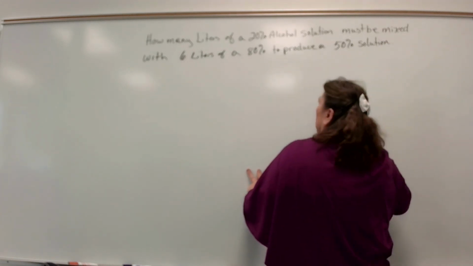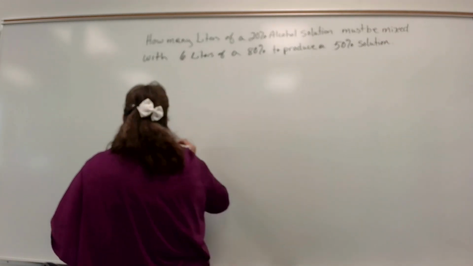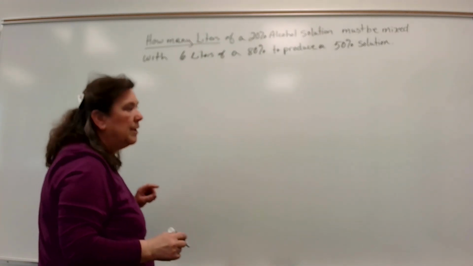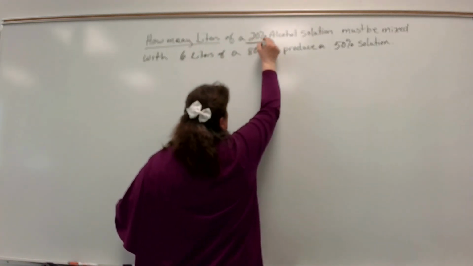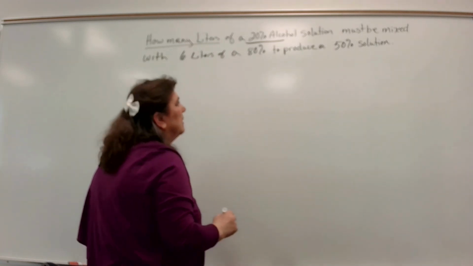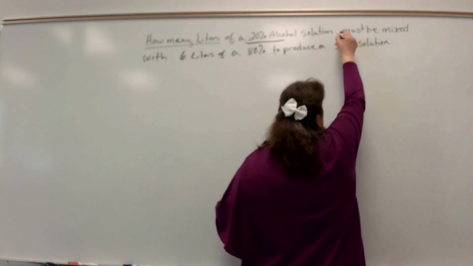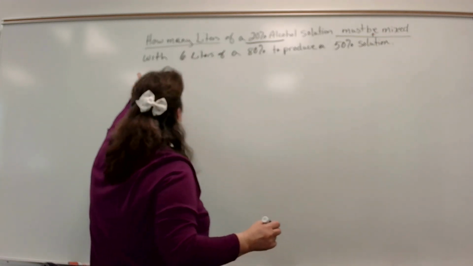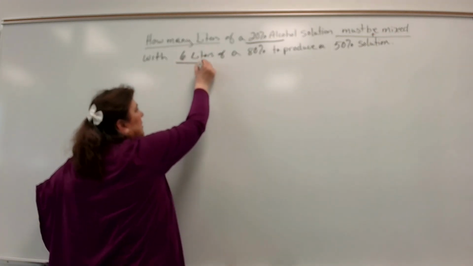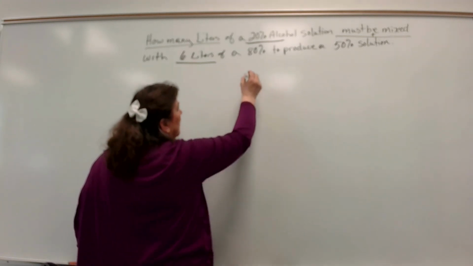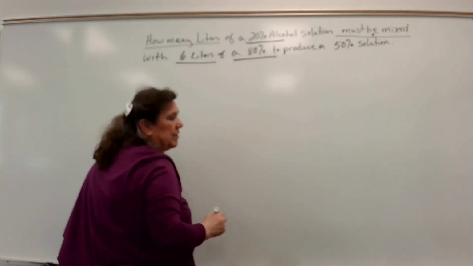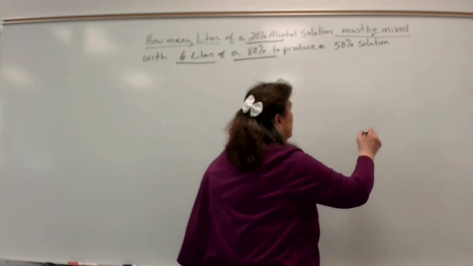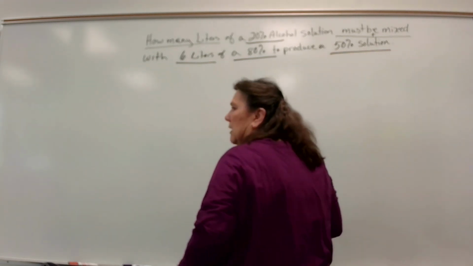Okay. As we look at this, how many liters is the one we do not know. The concentration that goes with that is your 20%. Must be mixed with is your addition, and 6 liters is the quantity of my 80% solution, and we want to produce a 50% solution. So, let's do our buckets.